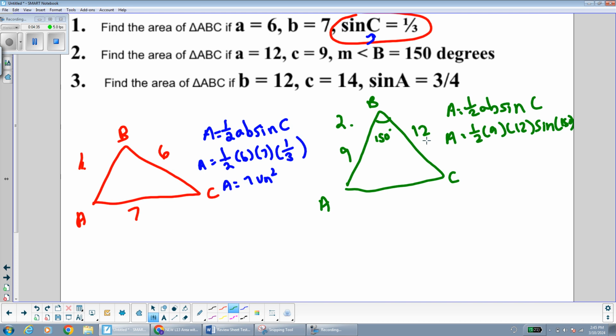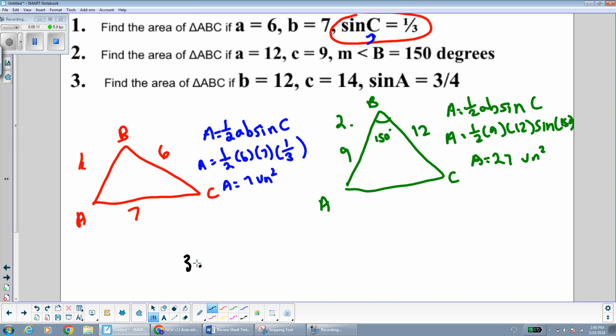I'm going to type this into my calculator: 1/2 times 9 times 12 times sine of the 150-degree angle. And we get that the area here is 27 units squared.